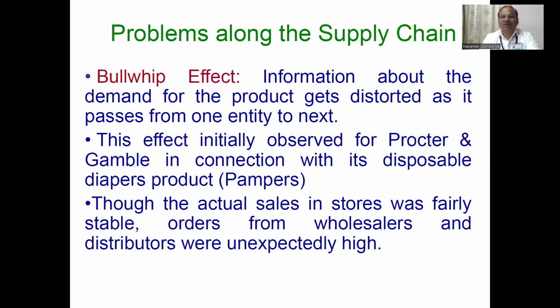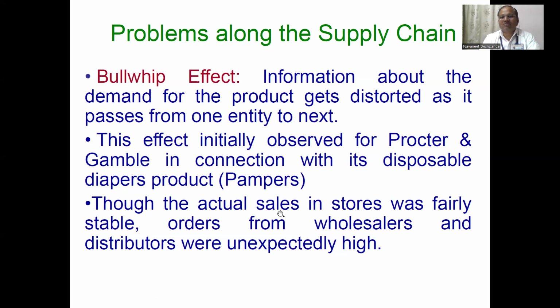There is a term which we often come across known as the bullwhip effect. Information about the demand for the product gets distorted. The first line, the customer at the retail outlet, will give some information. By the time it goes to the second tier, it will have been modified into some other number, because the numbers get distorted by the time they reach the manufacturer and then the suppliers, as we have seen under various conditions.